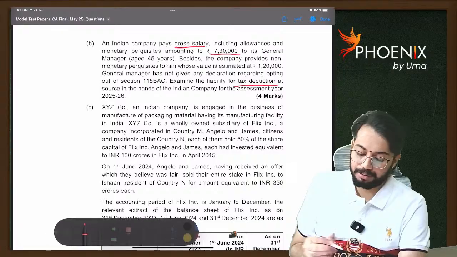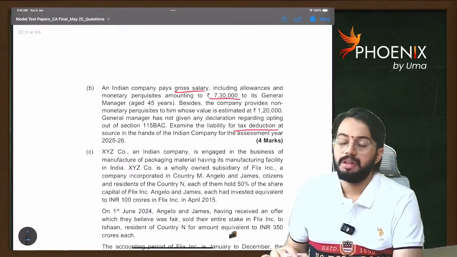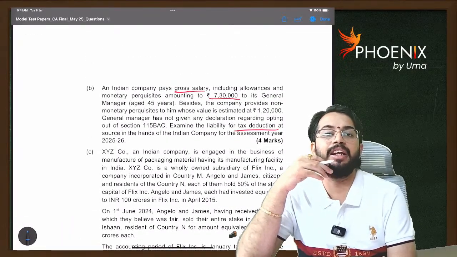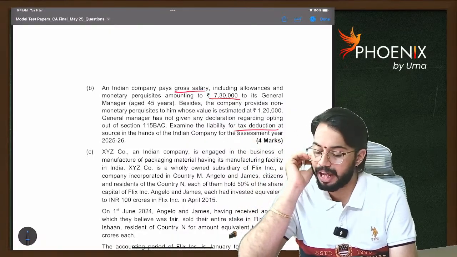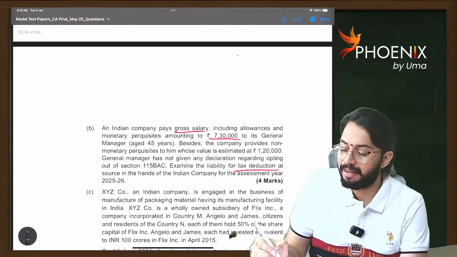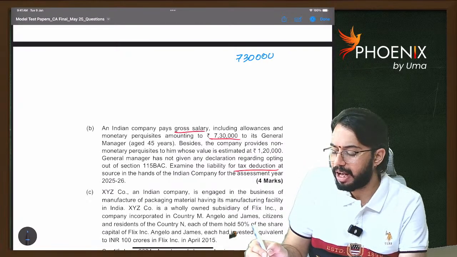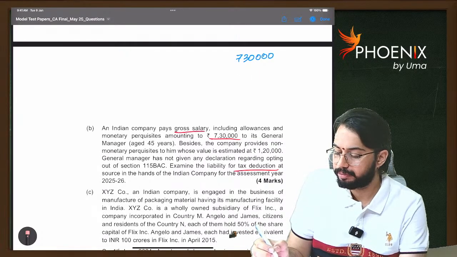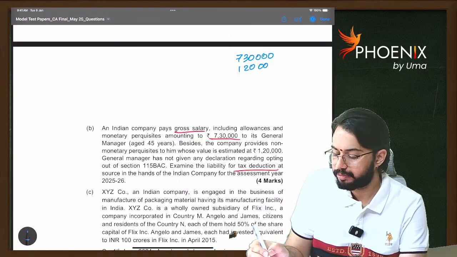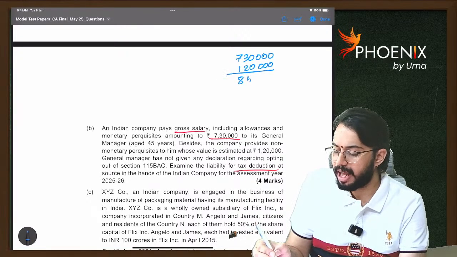So very simple. In case of salary, we will calculate average tax rate. TDS will be deducted at average rate of tax. So income is 7,30,000 plus 1,20,000, total 8,50,000.